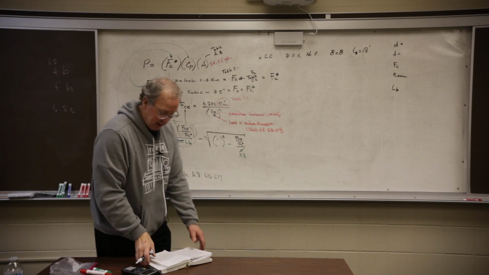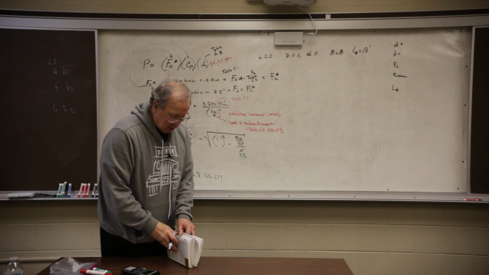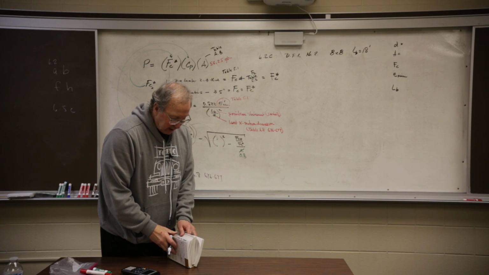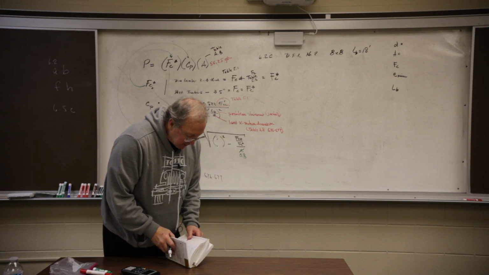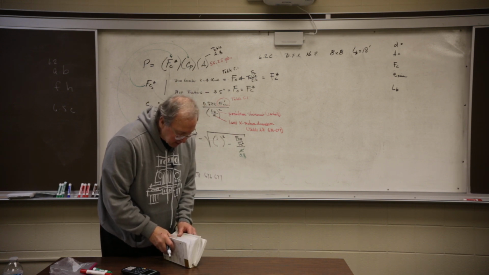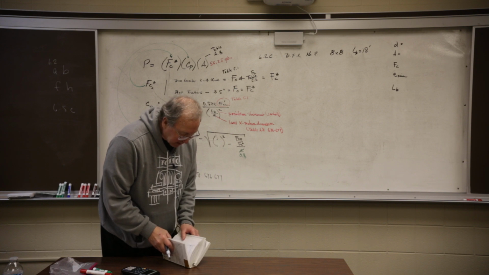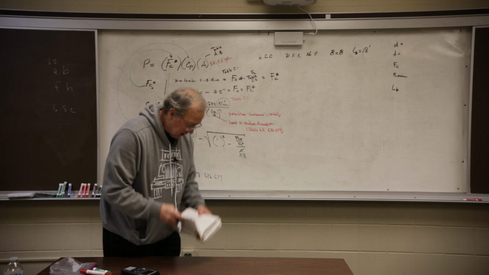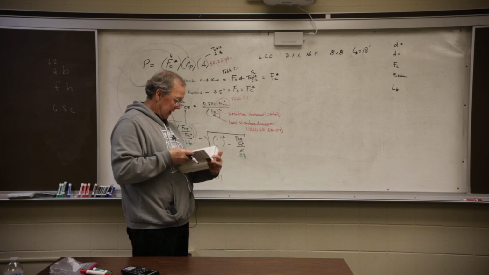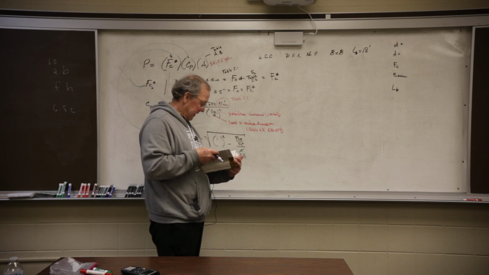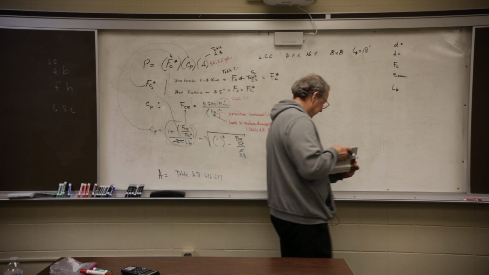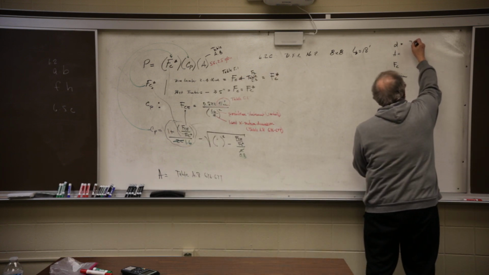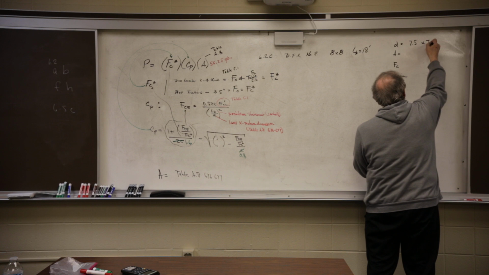So how do I do it? I go to the back of the book. I look at page 776, 777, or 676. 676, I go down to an 8 by 8. An 8 by 8 is 7.5 by 7.5. So this is 7.5 by 7.5.